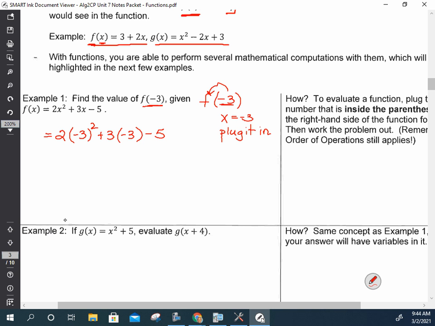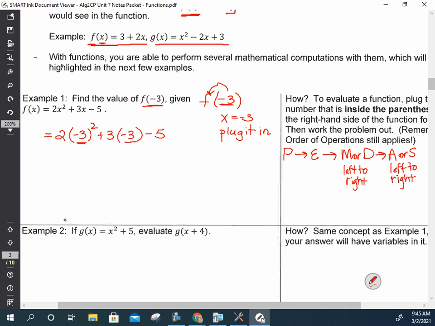So remember order of operations: parentheses and exponents, multiply or divide from left to right, add or subtract from left to right. So, order of operations still applies.